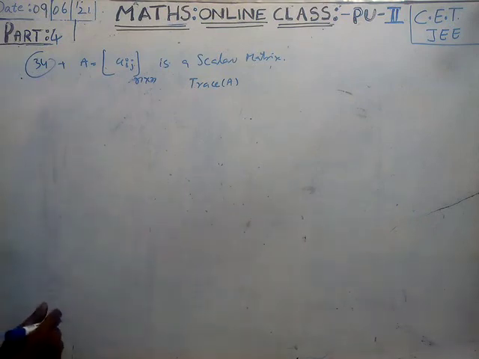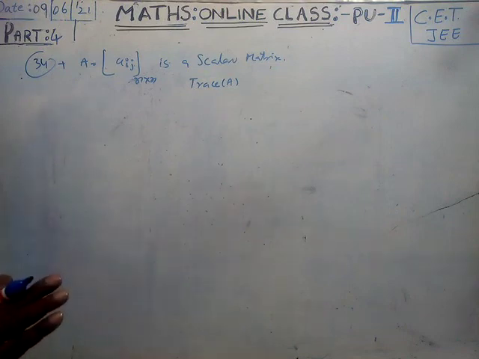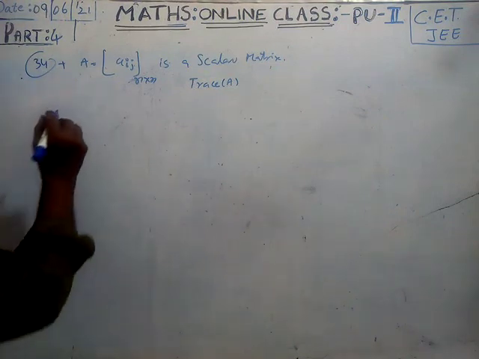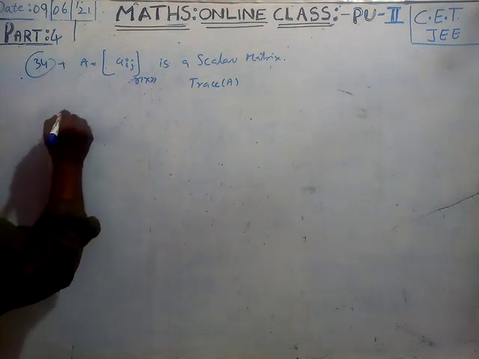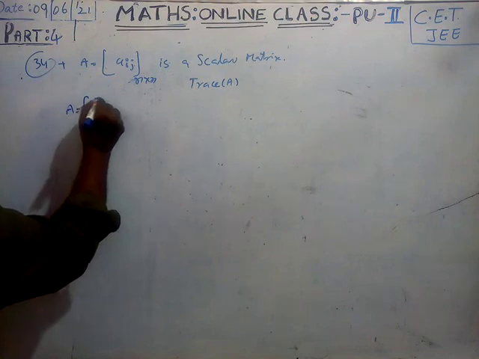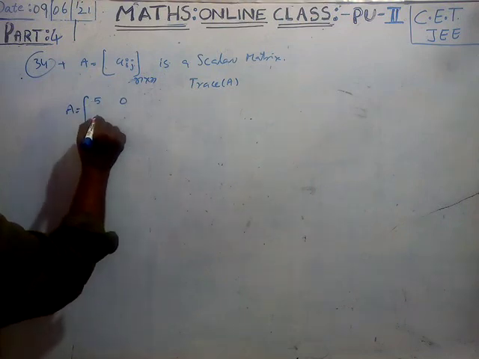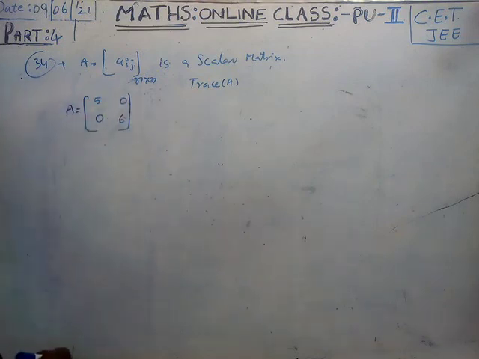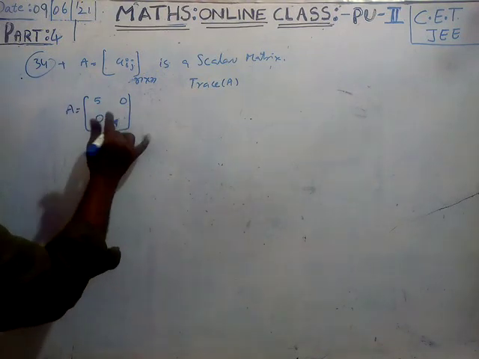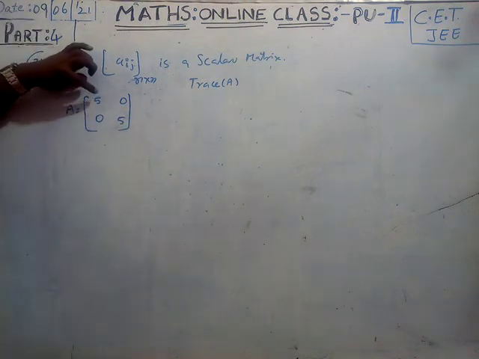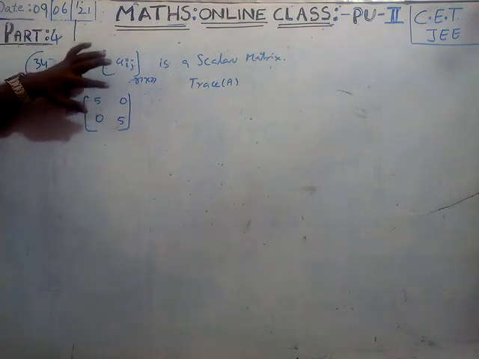Scalar matrix means, first of all, it is a square matrix, and it is a diagonal matrix. I will write it. A is equal to 5, 0, 0, 6, which is a diagonal matrix. Other than the elements of the first diagonal, the remaining elements are all zeros.